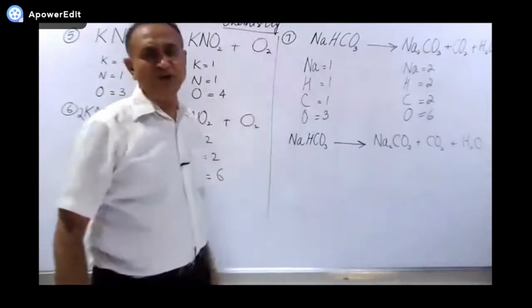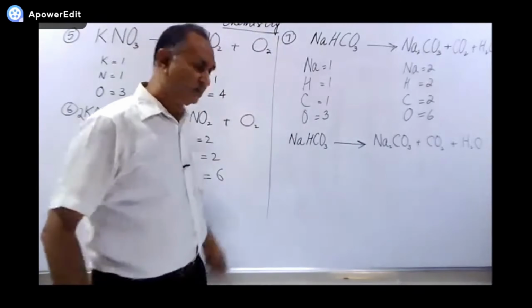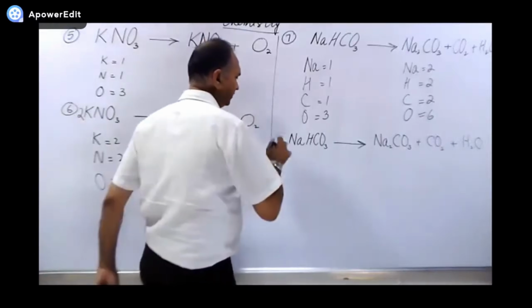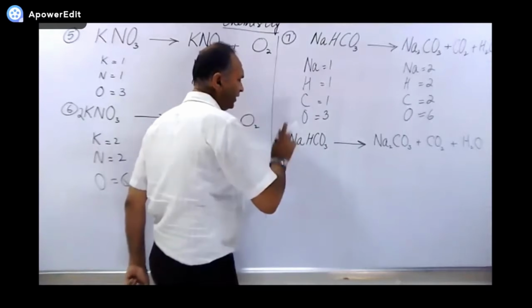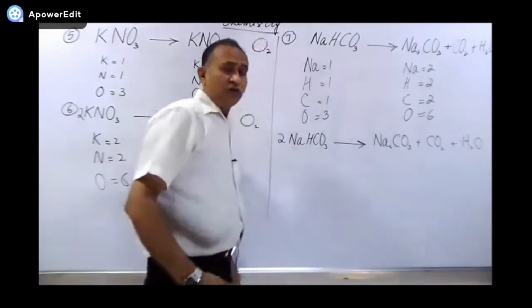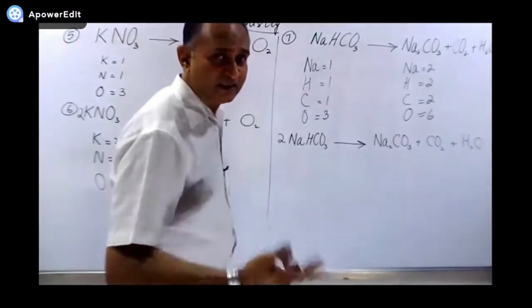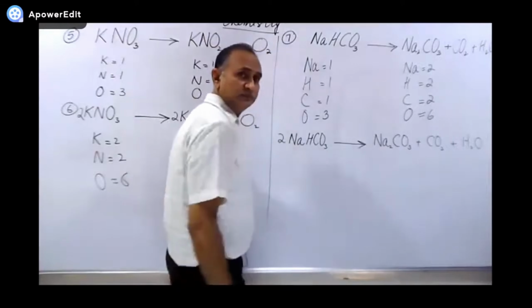So what can we do to make sodium balance? With the help of this two, we have two sodium now and two sodium now. So sodium is balanced. Two sodium, two sodium.